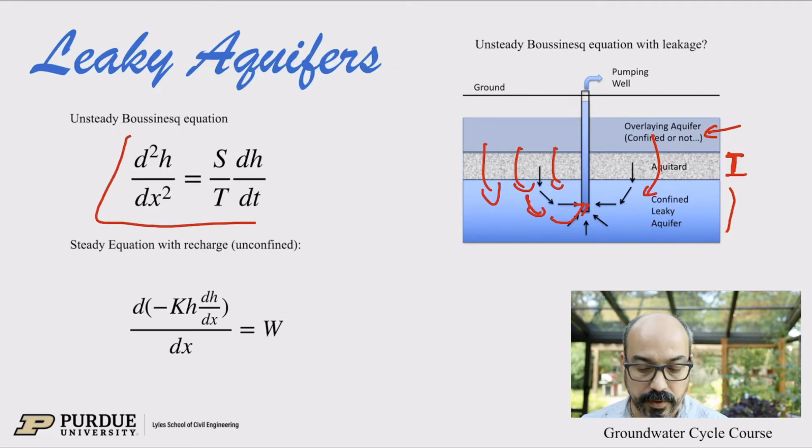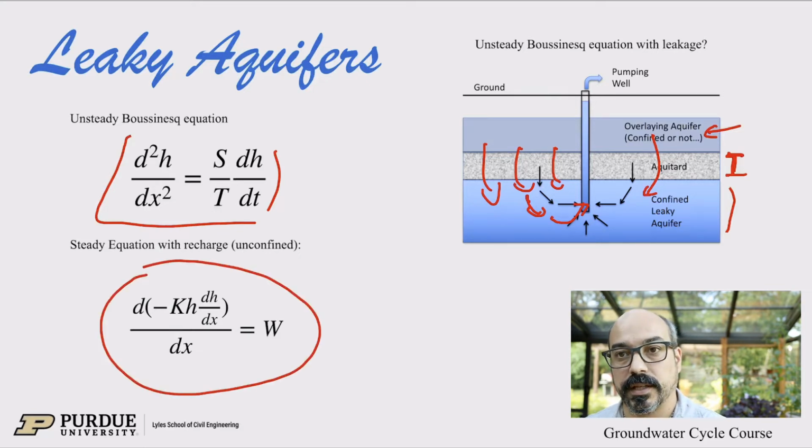So again, remember the Boussinesq equation from last lecture. This is the time-changing one. Now here, we're looking at a case similar to the recharge and divide lecture a couple of lectures back, where we have leakage, but because it's a confined aquifer, we won't have to worry about that squared business, and we can solve it a little more simply.